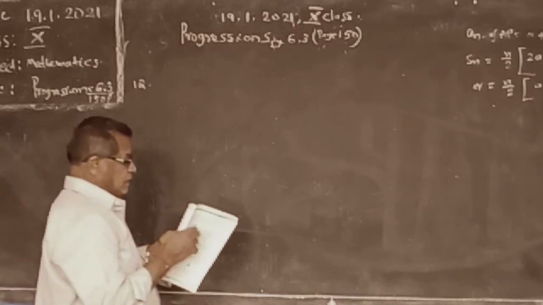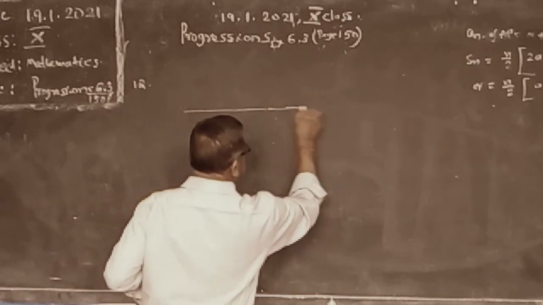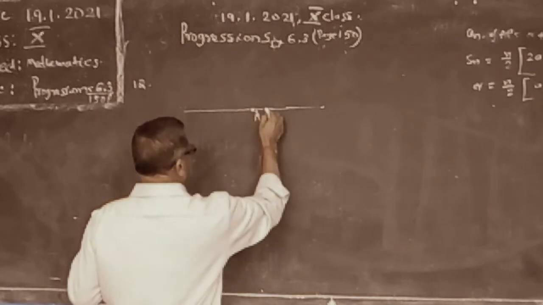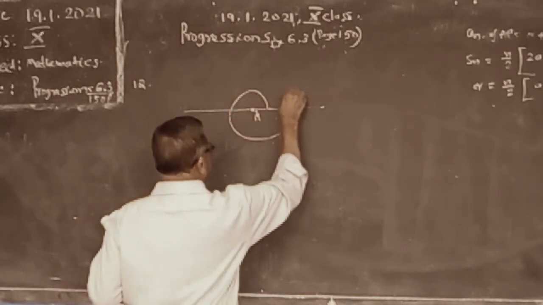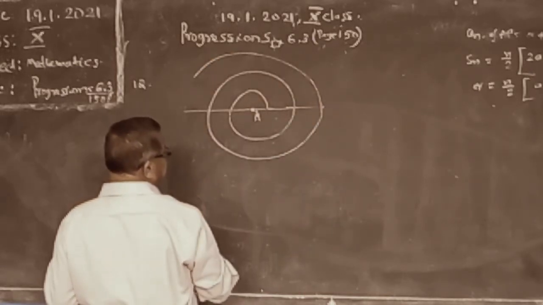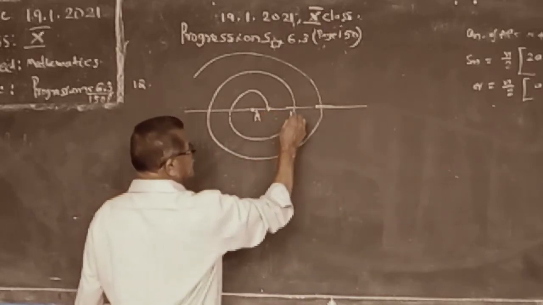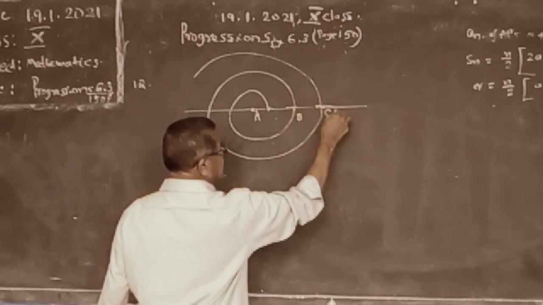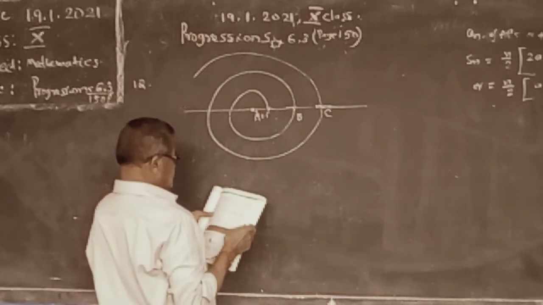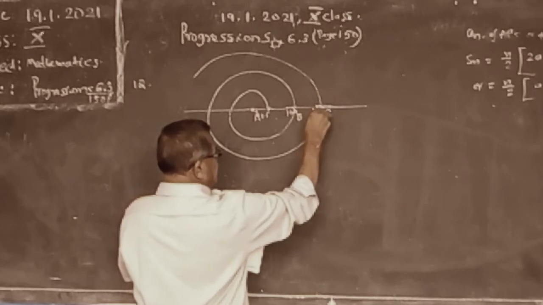You see the diagram. Open the page. In the middle there is A, one spiral like this, second spiral, third spiral, and so on. Here this is A, this is B, this is C, this is 1.5, this is 1 centimeter, 1.5 centimeter like that.